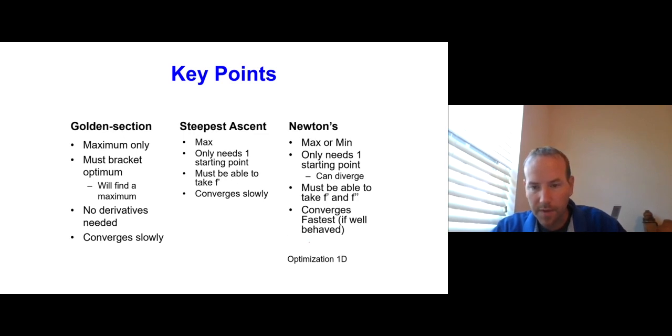I'd say that Newton's method is nice because it converges very fast, but you also need to take care that the solution is actually converging to something that looks stable. And finally, the steepest ascent method has this required parameter h, and it's not always clear what value you should use for that, and so you may need to try a few things that could affect the convergence rate quite a bit.